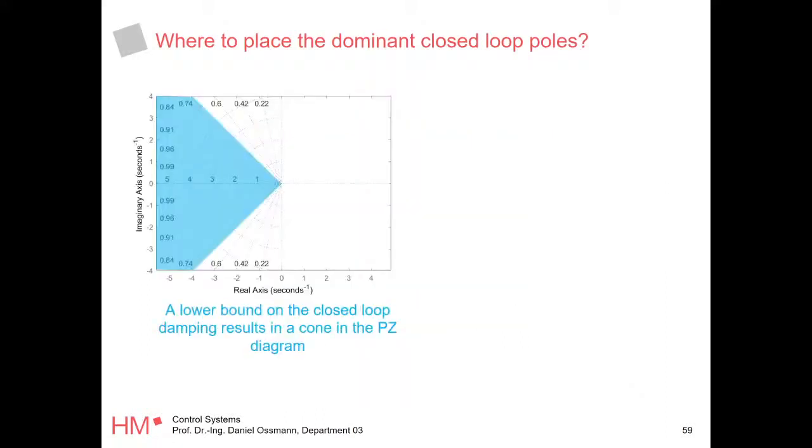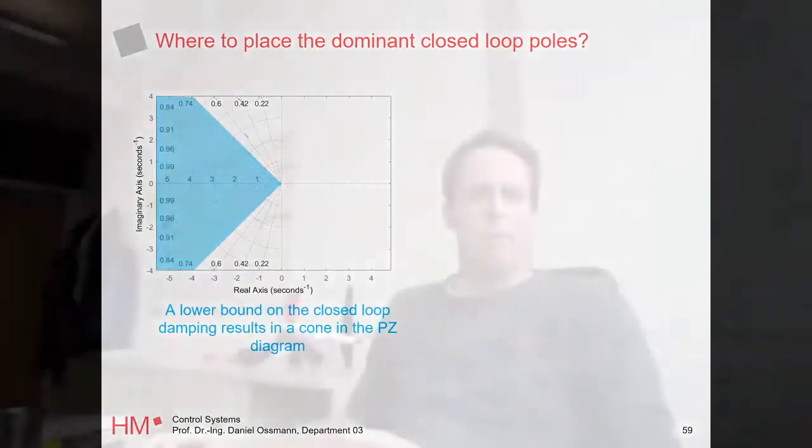This is why we usually force a lower bound on the damping requirement. And I told you the damping in the pole zero map are these constant lines here. What you usually do in practice is to say, we want to have a minimum damping of 0.7. We want to have a minimum damping of 0.9, something like this.